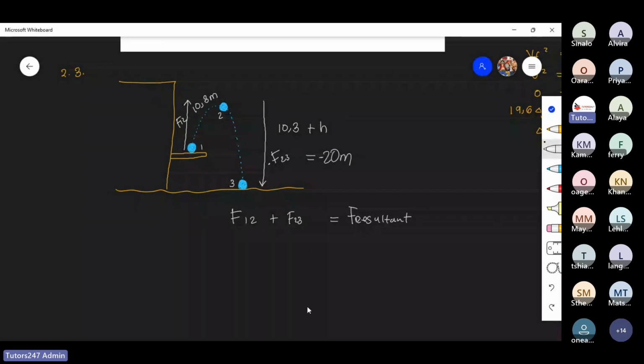So that is going to be negative 20 meters. If we add them up, we'll add up 10,3 plus the negative 20, and that will then give us negative 9, which will be negative 8,7. Let me just double check that math.